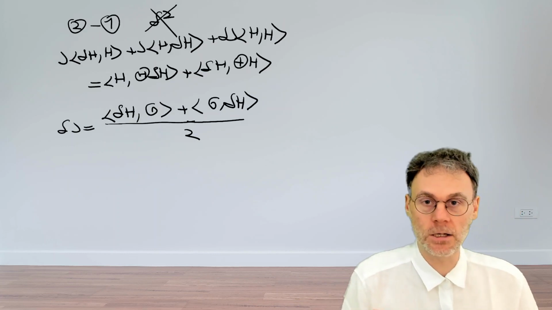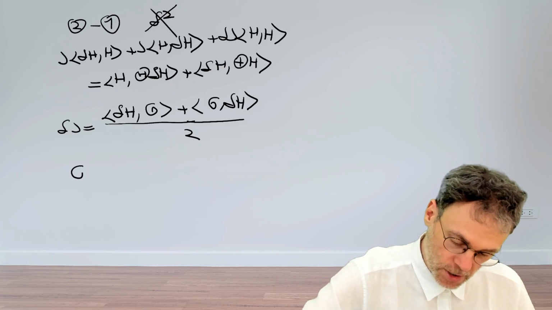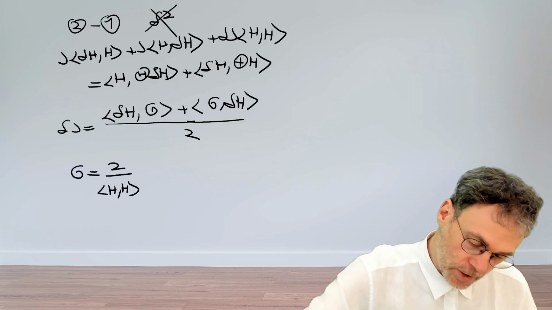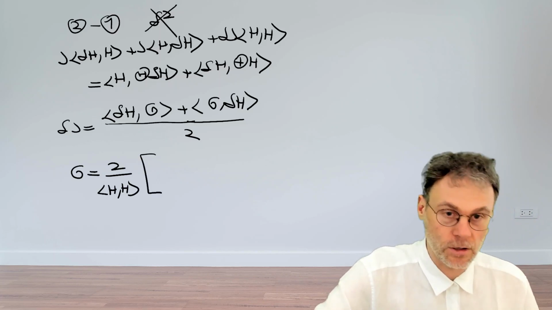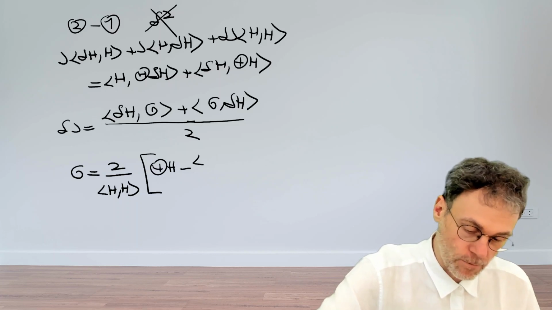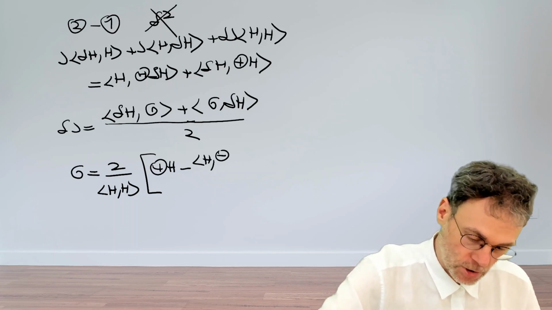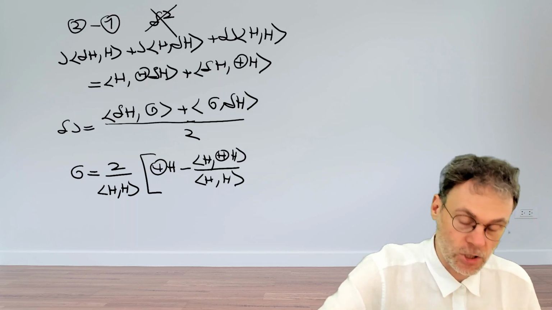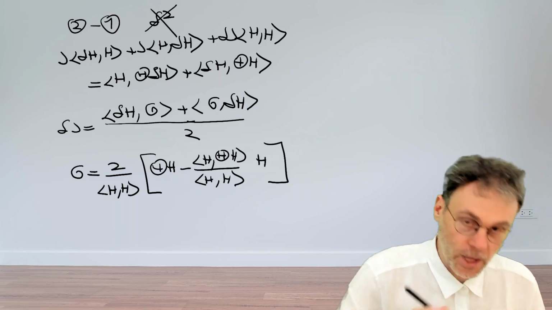And in this exercise, you will show that this mysterious quantity here is actually equal to the following thing, 2 divided by hh, and then a small monster here between square brackets, which is theta h minus h theta h divided by hh h.